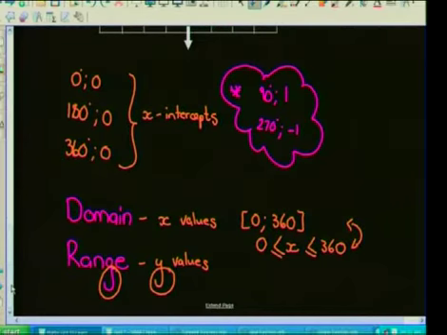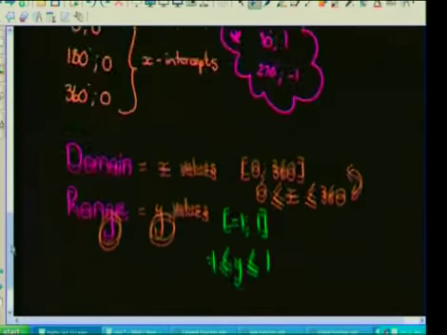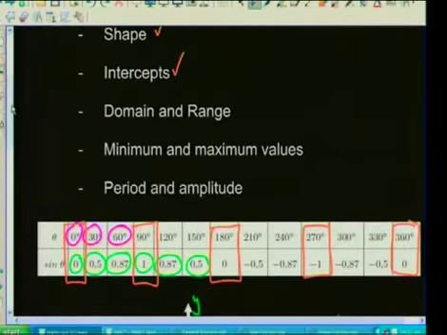Our range would be, it includes the -1, it includes the +1, so we use square brackets for both, or we would write y must be greater than or equal to -1, but less than or equal to +1. And that is the way in which we write the domain and range, and we will have more practice with this when we deal with questions.